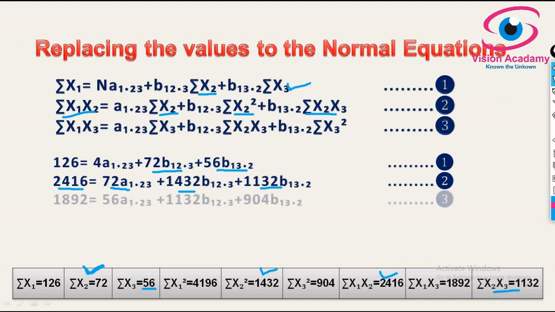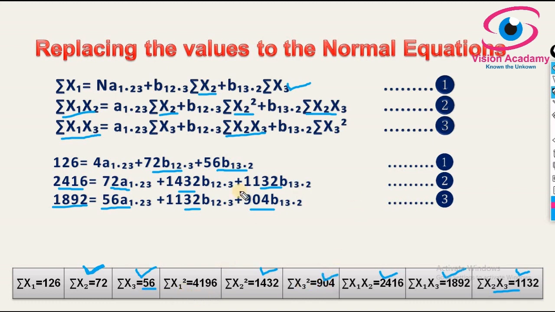Now the third equation. Summation x1 x3 is 1892, summation x3 is 56, summation x2 x3 is 1132, and summation x3 square is 904.